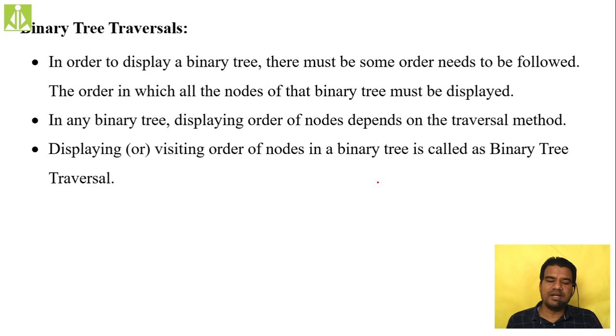In any binary tree, the display order of nodes depends on the traversal method. We have different methods of doing this traversal, and the display order will differ from method to method. In one method it will be in some order, and in another method in some other order.